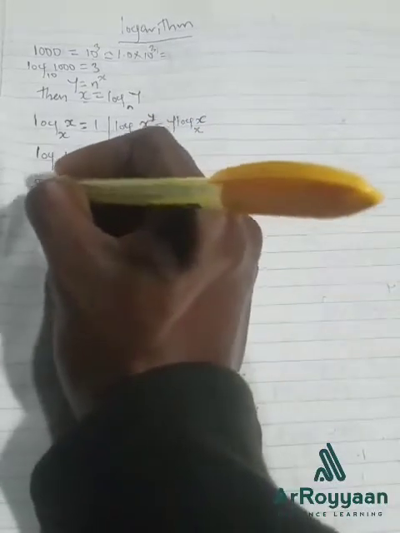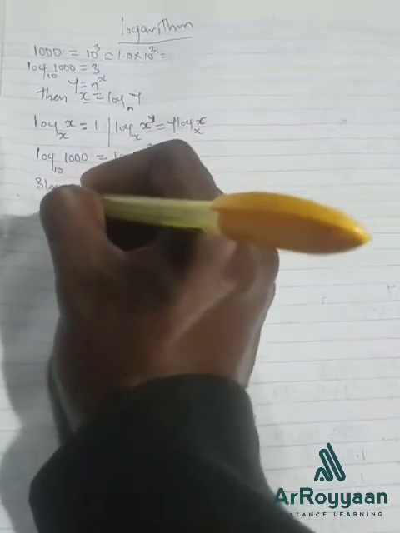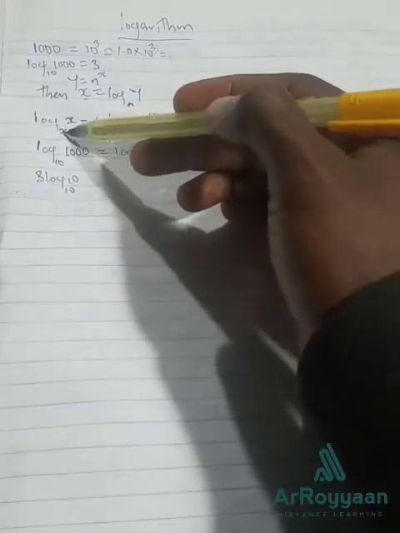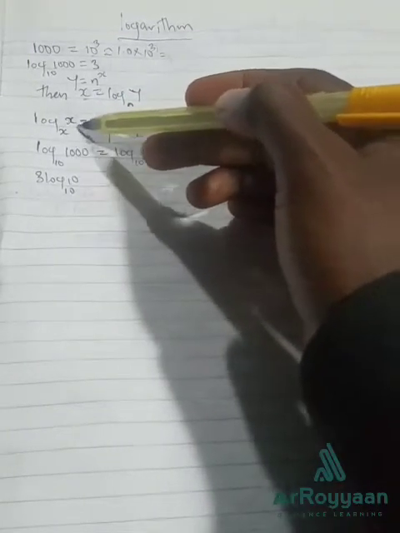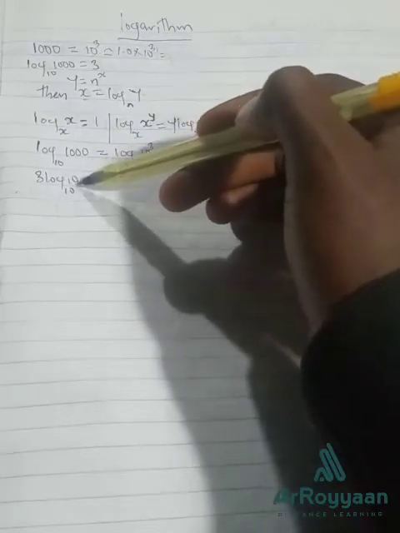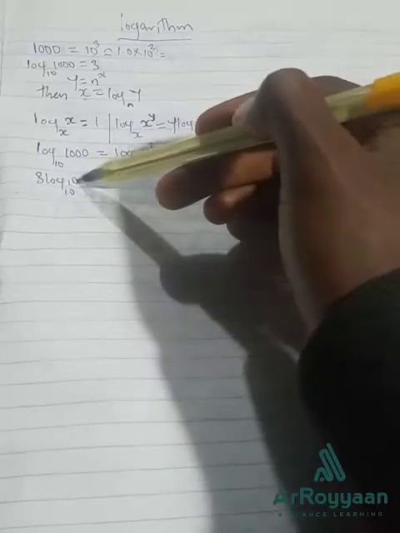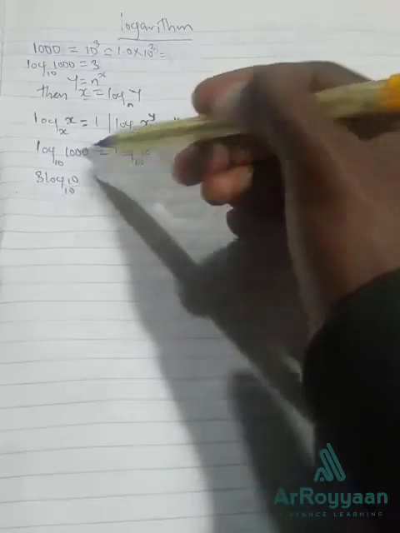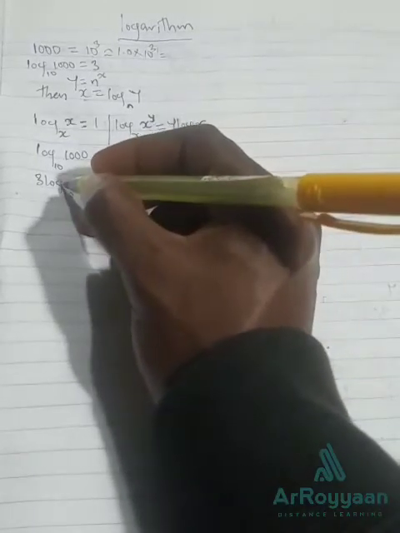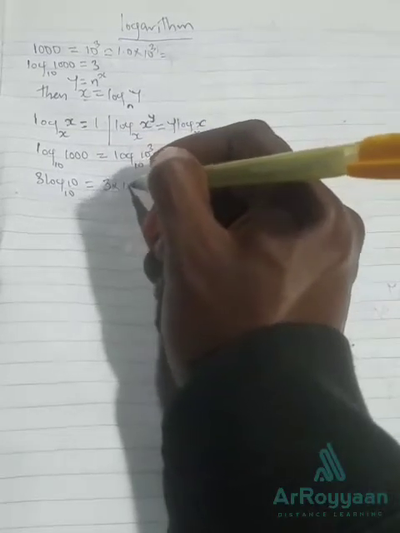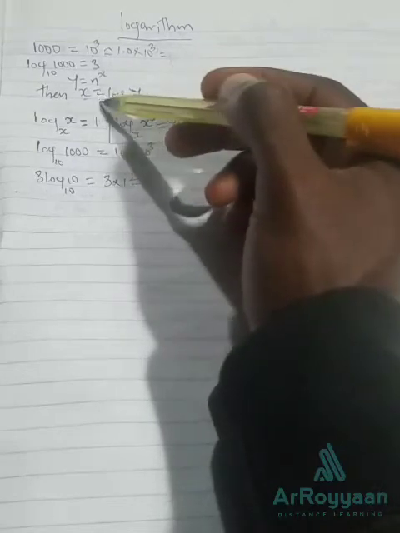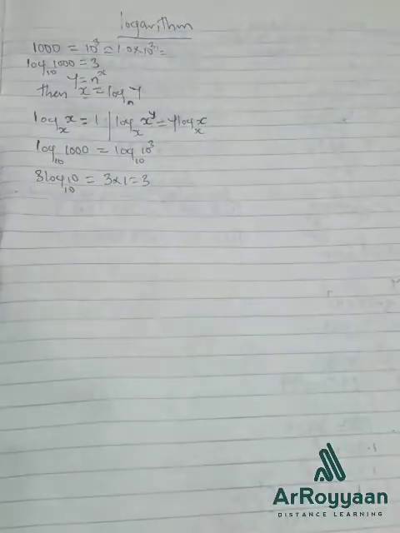That will be 3 log 10 base 10. If the whole number and the base of the logarithm are equal, it equals 1. So log 10 base 10 is equal to 1, because both of them are 10. That will be 3 times 1, which is equal to 3. So we get the same answer as with the formula, but this is the shorter form of it.